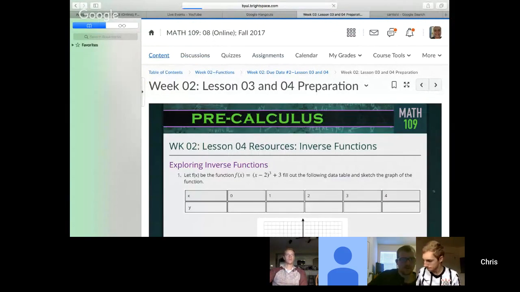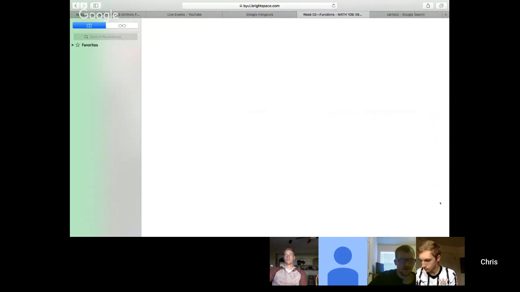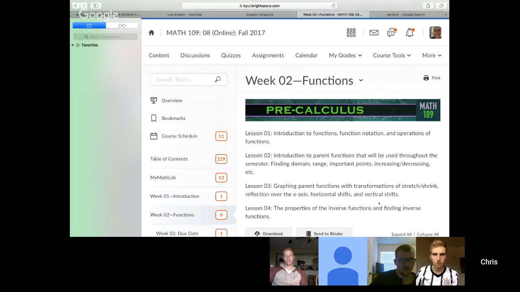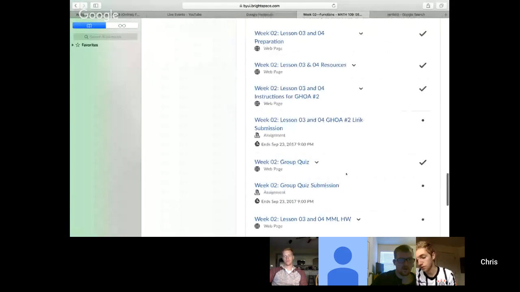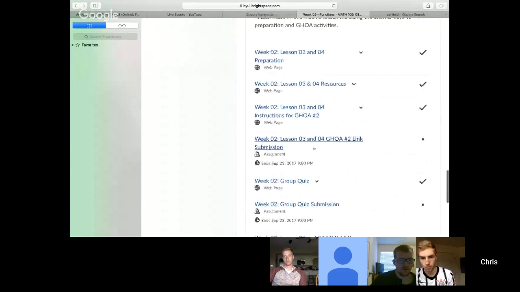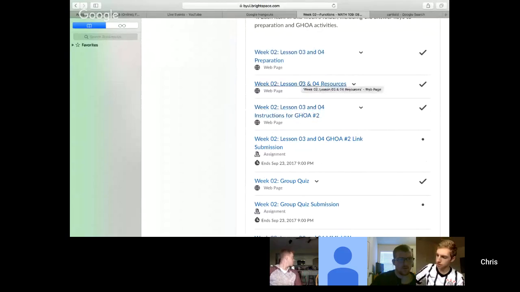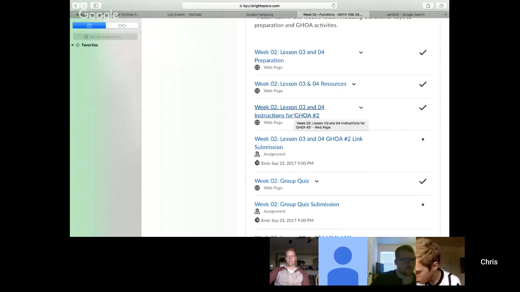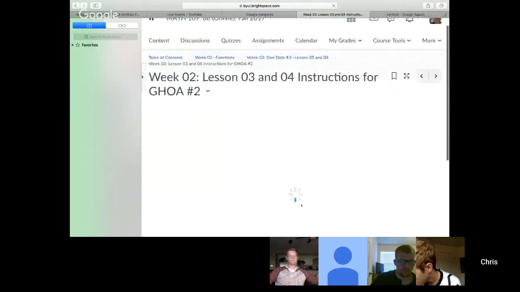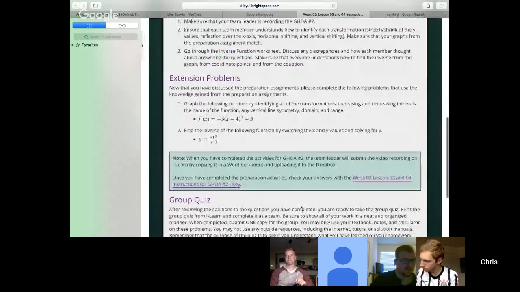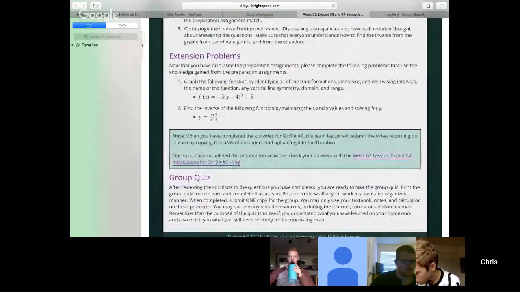I didn't think we had to go over the prep, but it said in the instructions for today that we do need to go over the prep, which helps because the first extension looks like one of the prep problems. It should be similar.